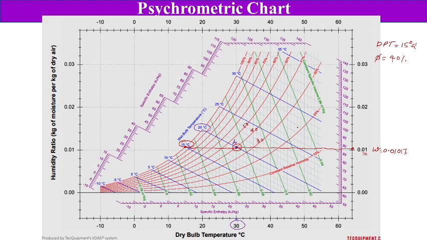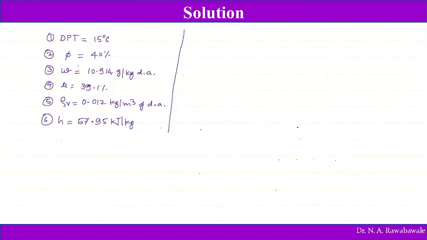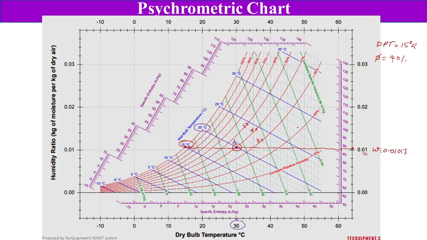Then the next thing asked is vapor density. Now constant specific volume lines are given. Corresponding to this, specific volume is between 0.86 and 0.88.